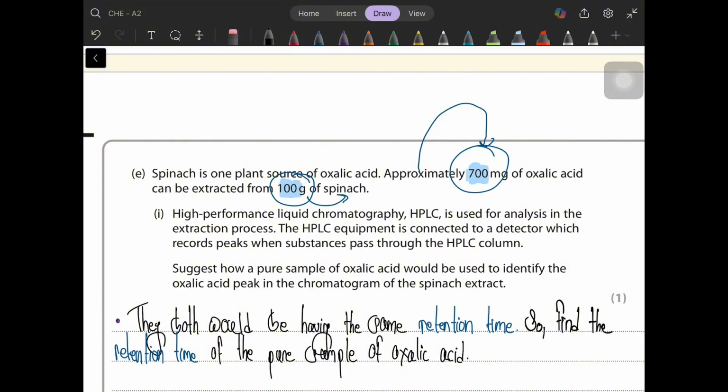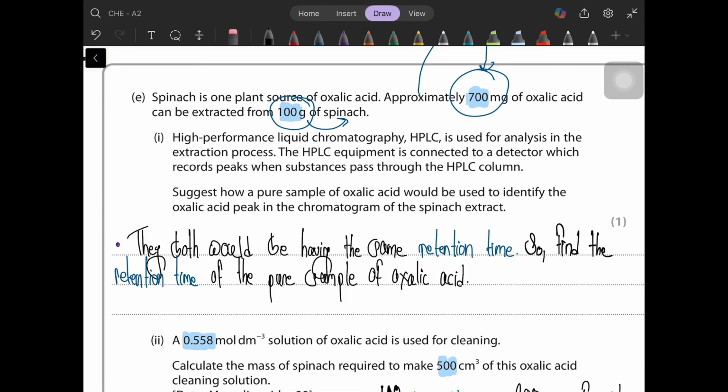The HPLC equipment is connected to a detector which records a peak when substances pass through the HPLC column. Suggest how a pure sample of oxalic acid could be used to identify the oxalic acid peak in the chromatogram of the spinach extract. So they both would have the same peak, they both would have the same retention time.